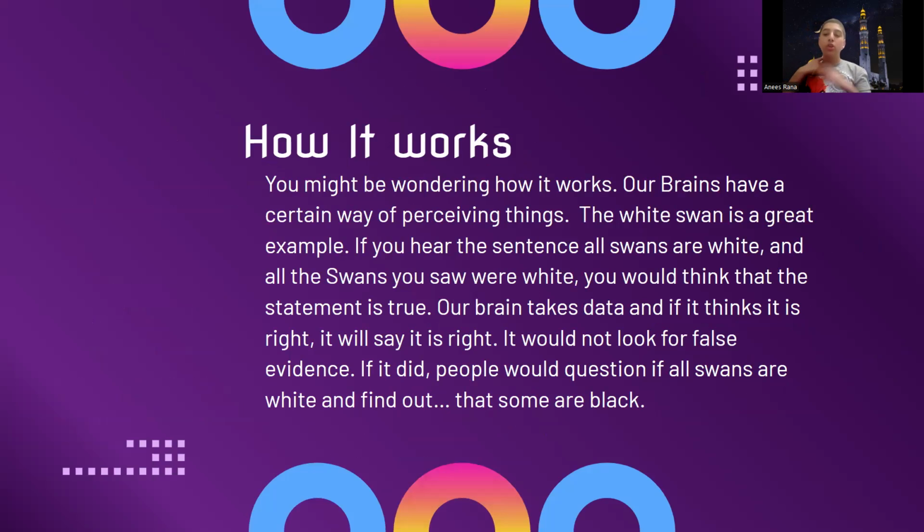If you hear the sentence, all swans are white, and all the swans you saw were white, you would think that this statement is true. Our brain takes data, and if it thinks it's right, it will say it's right. It will not look for false evidence. If it did, people would question if all swans were actually white and find out that some are black.